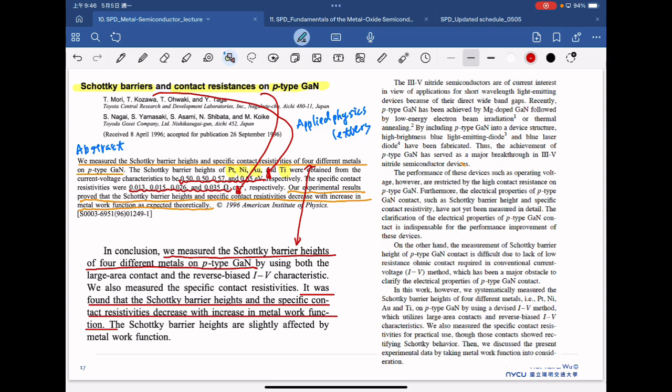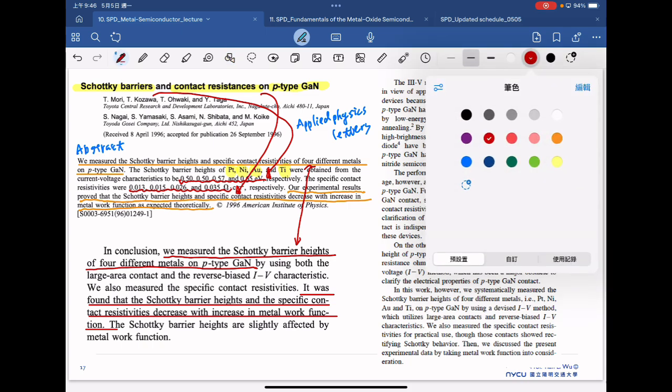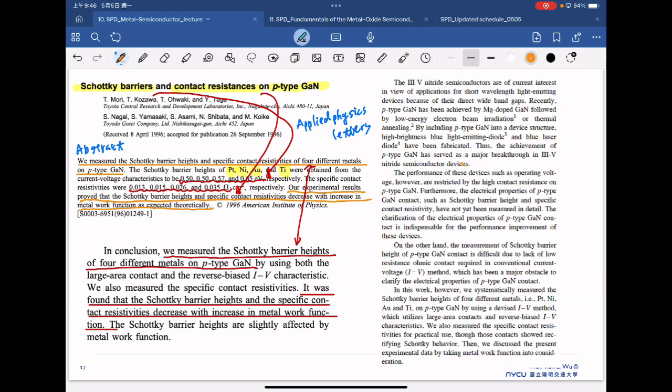Again, the sentence illustrated here is exactly the same as mentioned in the abstract. So in the end, the conclusion is just another reflection of the abstract, and the abstract is just another reflection of our title.